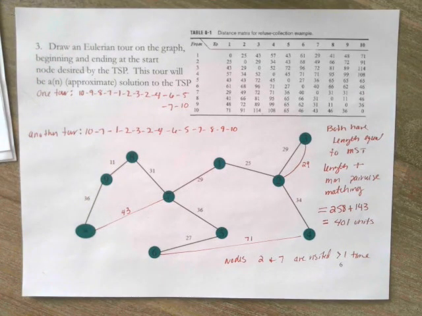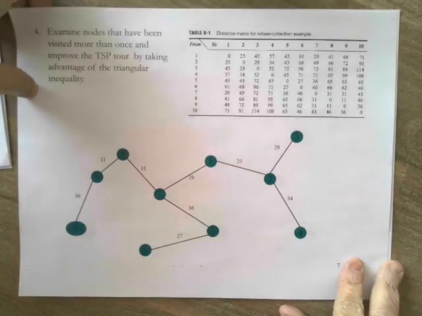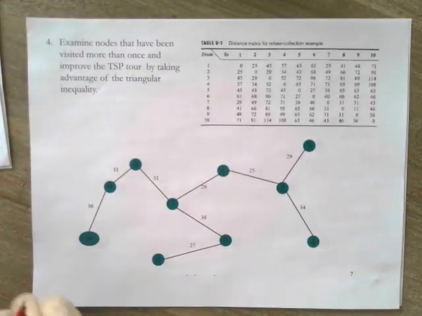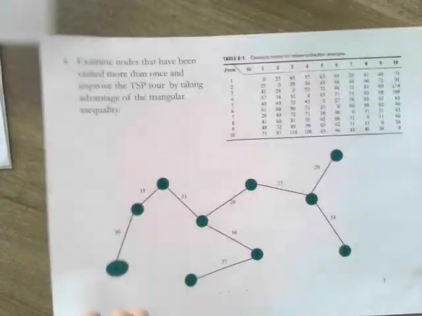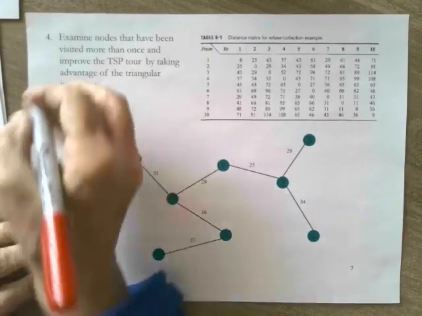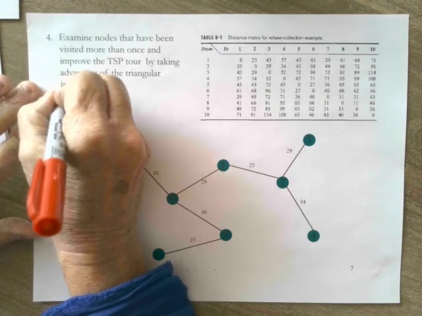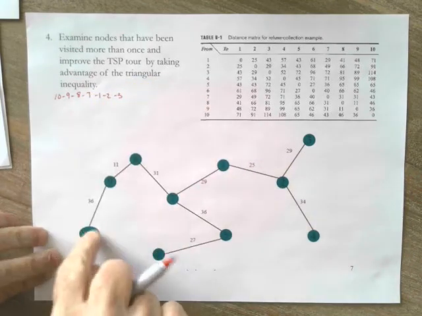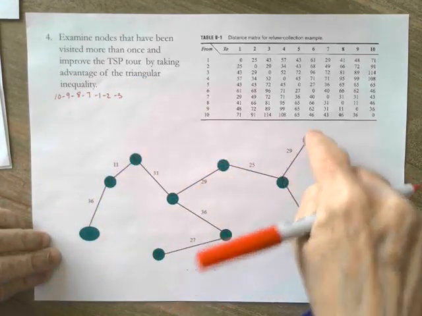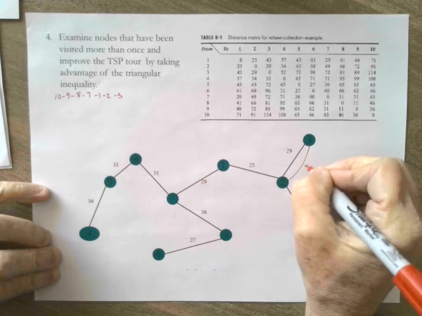So here's step 4. I still have to redraw on it. Let me write those tours down one more time so you can see what they were. So again, the tours were 10, 9, 8, 7, 1, 2, 3, 2, 4, 6, 5, 7, 10. Remember there were these extra arcs here.